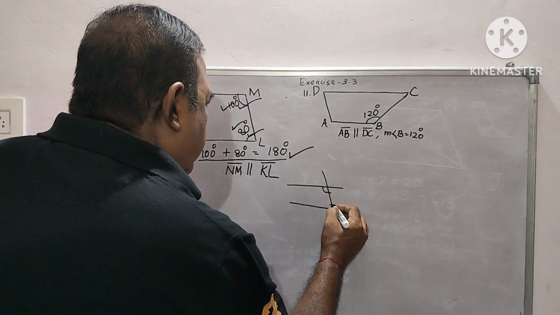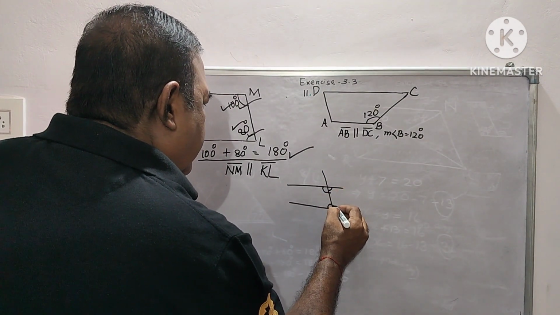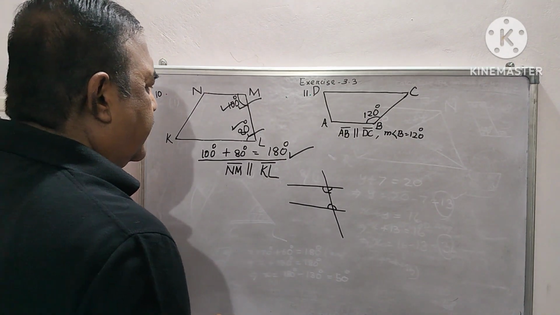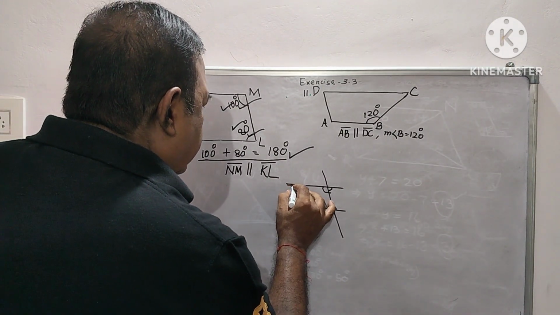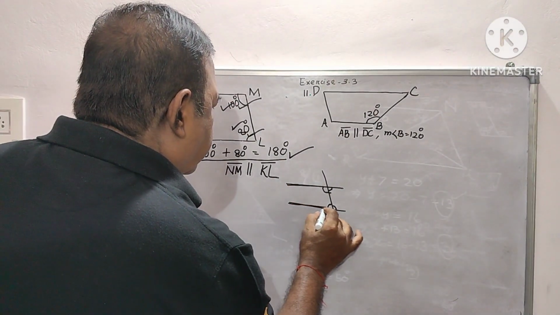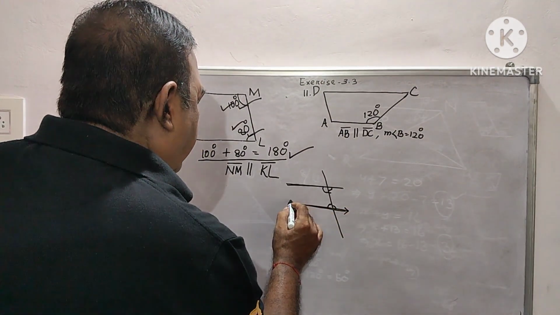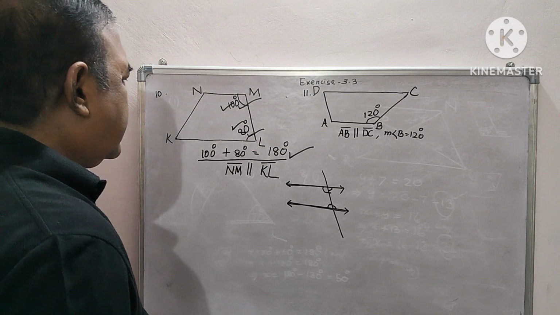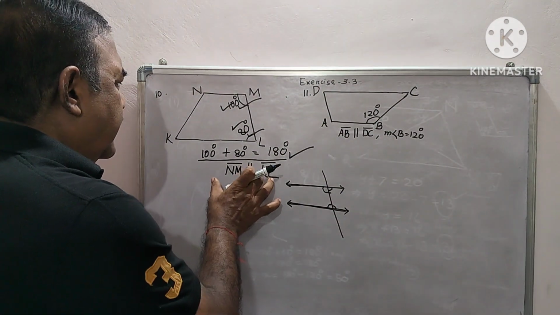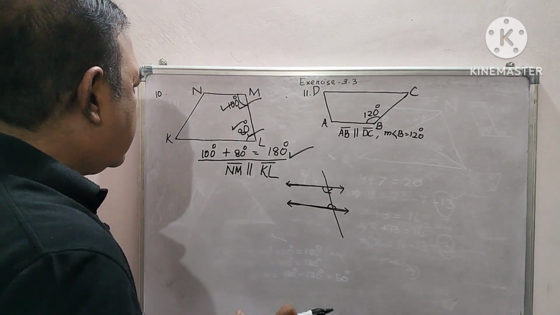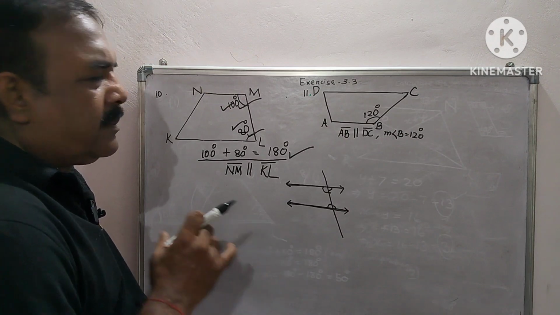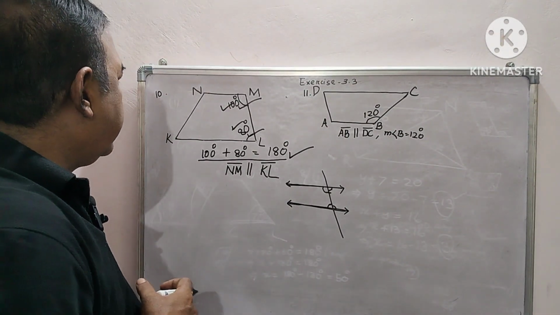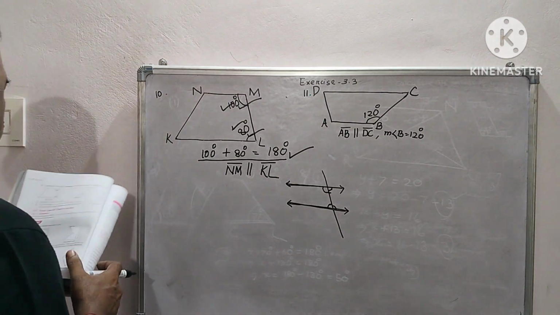If the measure of this angle plus the measure of this angle is equal to 180 degree, definitely these two lines will be parallel. Otherwise, the interior angles will not sum up to give the measure 180 degree. So this is the case.